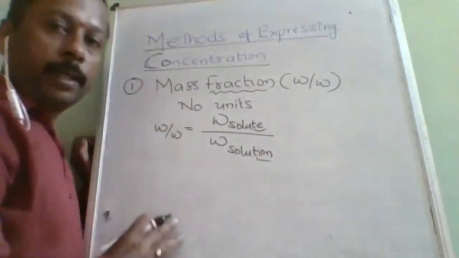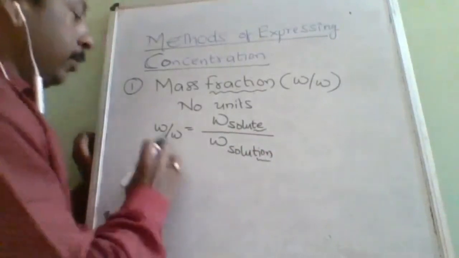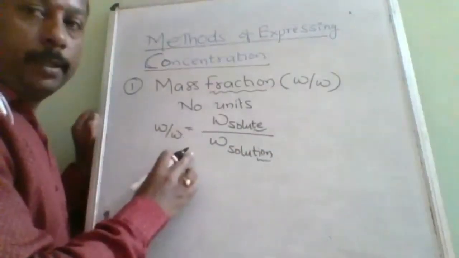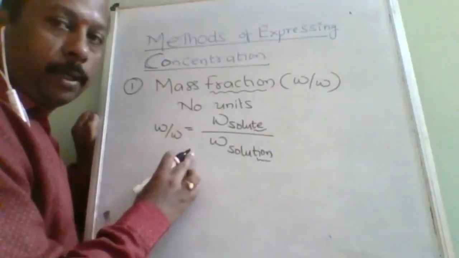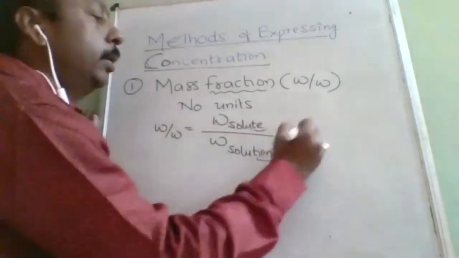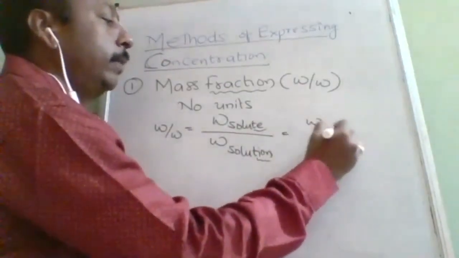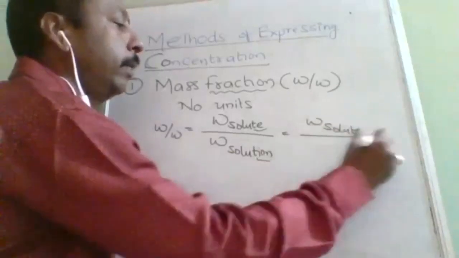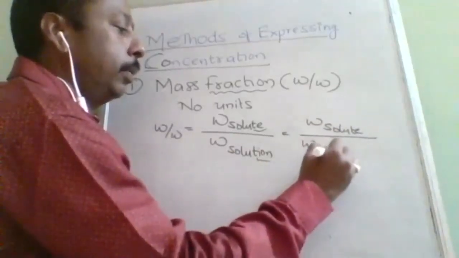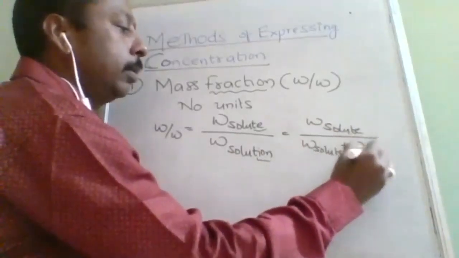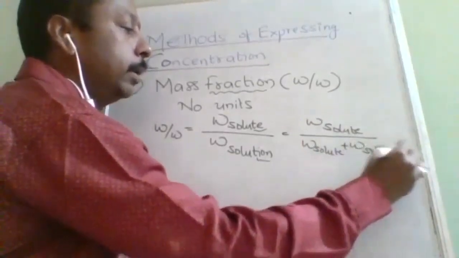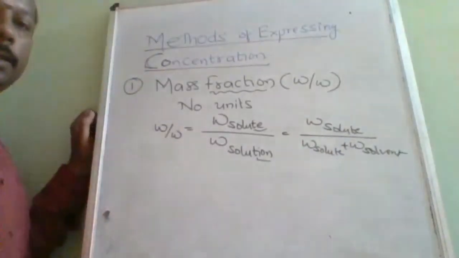So that makes a lot of difference. So mass by mass fraction is equal to mass of solute upon mass of solution. In the other way, we can say mass of solute divided by mass of solute plus mass of solvent. These are the two definitions of mass fraction.